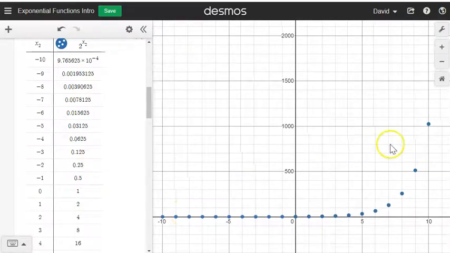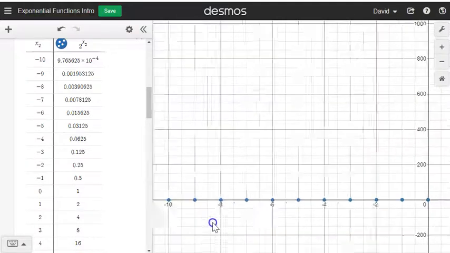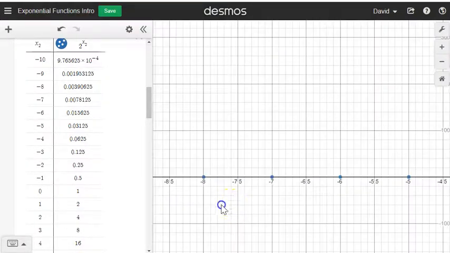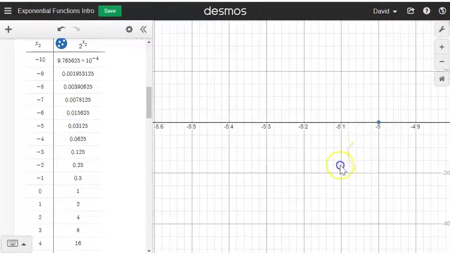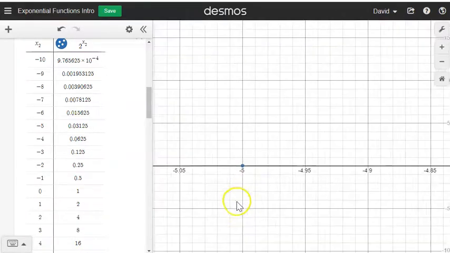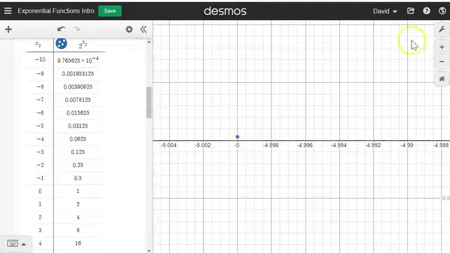But again, if I've got a scale big enough to accommodate that 1024, I can't really even tell the difference between these guys. I have to zoom in quite a bit to see if there's any difference here. I'm really having to zoom in here to see, that's just a little bit above 0.